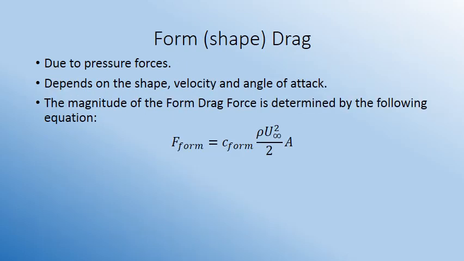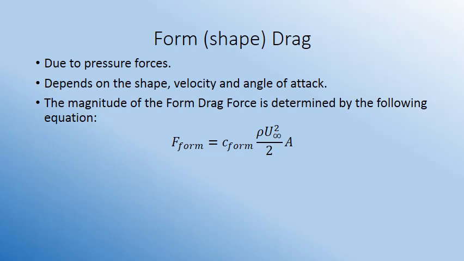Form drag is defined as aerodynamic resistance to the motion of the object through the fluid. This source of drag depends entirely on the shape, velocity, and angle of attack of the aircraft. Since the fluid flows around the body, there is a constant change in pressure and velocity on every single piece of the body.